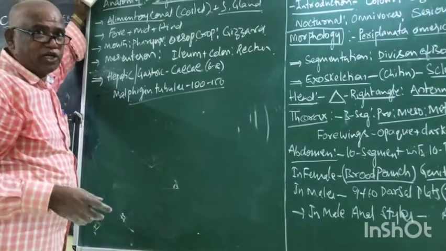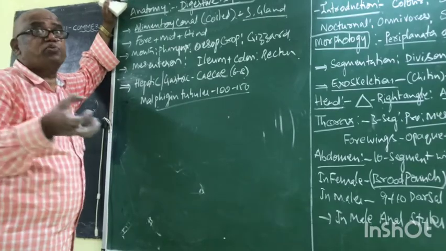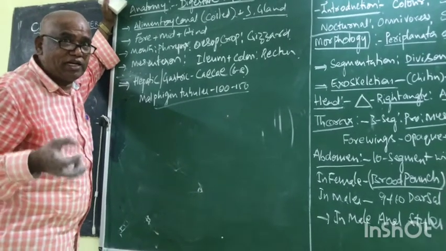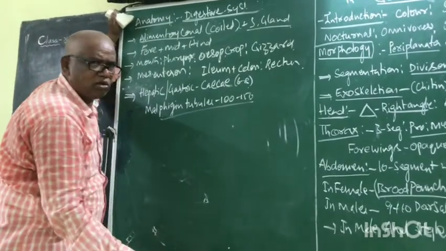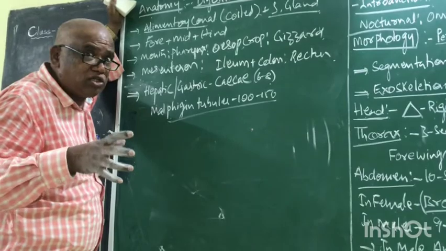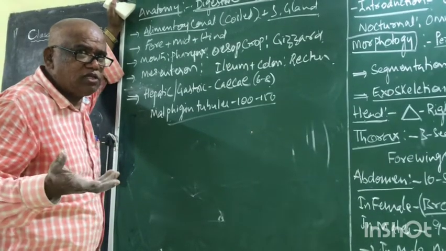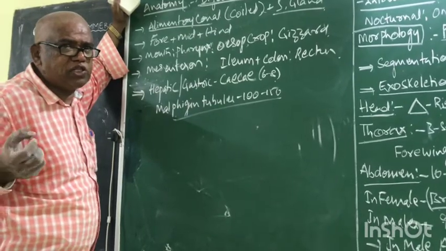This coiled alimentary canal is a benefit to the organism. If the length is more, the time of digestion is more. Hence, digestion is complete and the rate of absorption also increases.